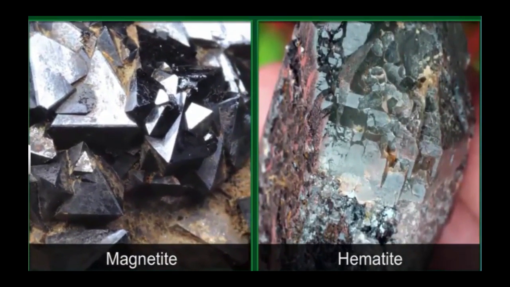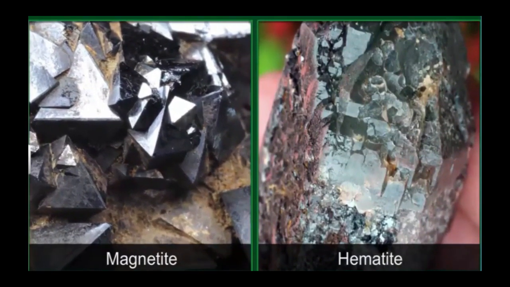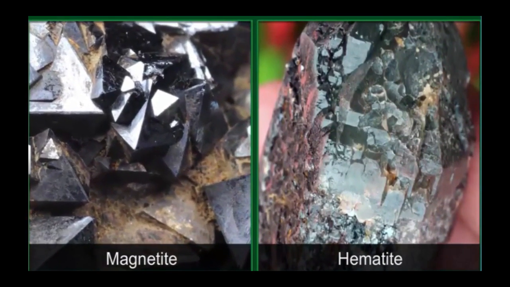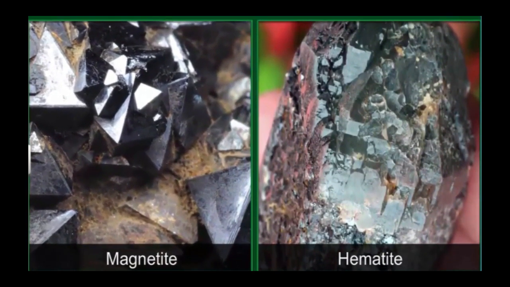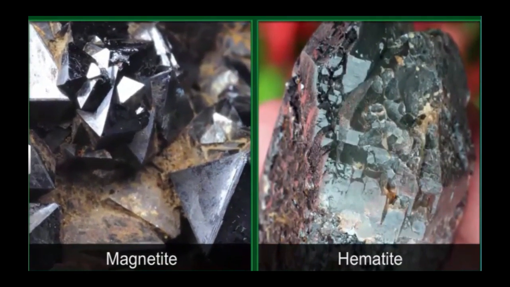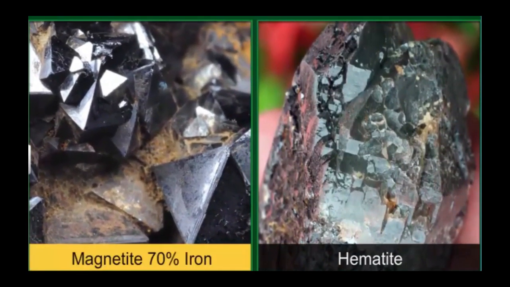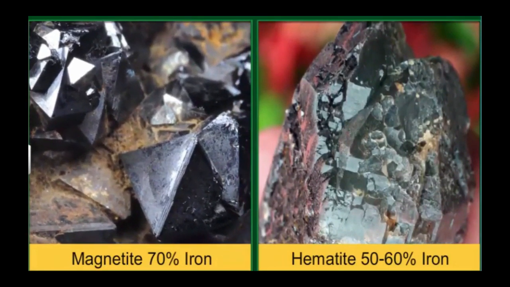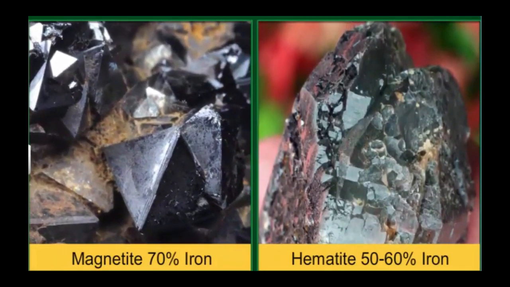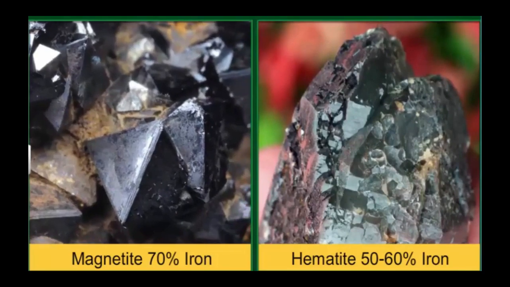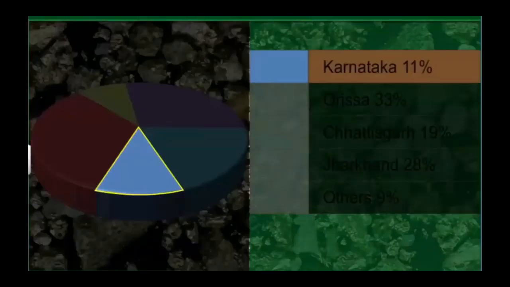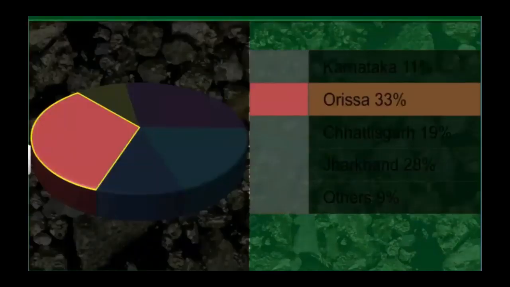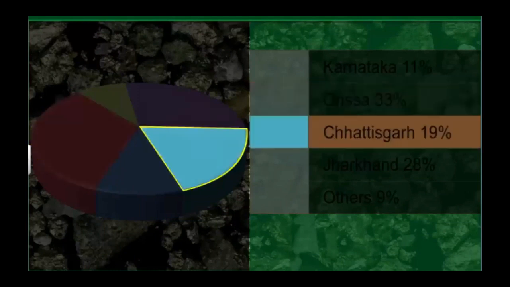India has rich reserves of several good quality iron ores. The two main ores of iron are magnetite and hematite. Magnetite has higher iron content than hematite. Karnataka and Orissa are the main iron ore producing states in India, followed by Chhattisgarh and Jharkhand.